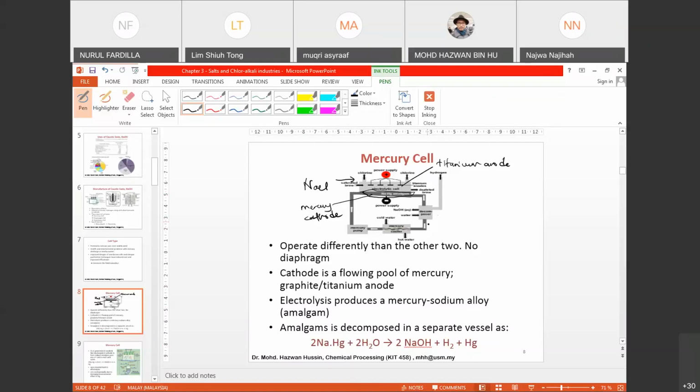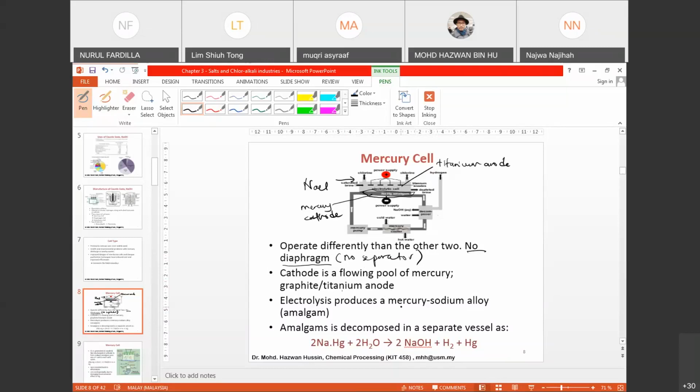For the mercury cell, there is no diaphragm and no separator. For the types of electrodes used, the cathode is mercury, and graphite or titanium is used as the anode.